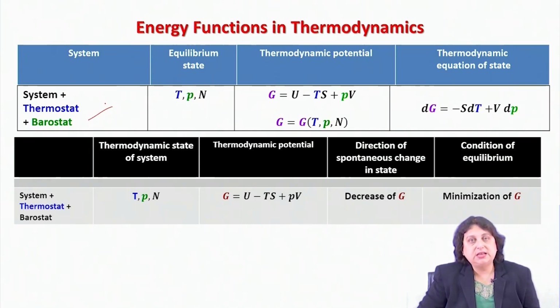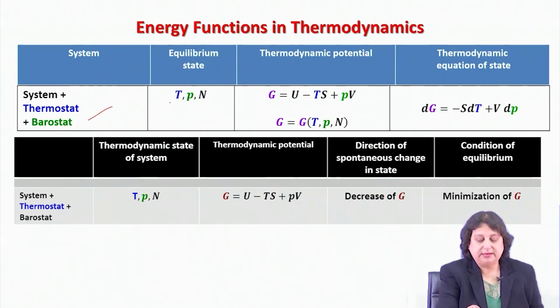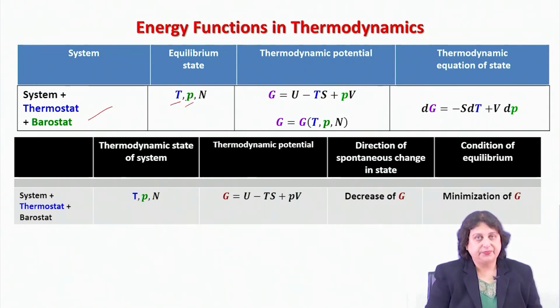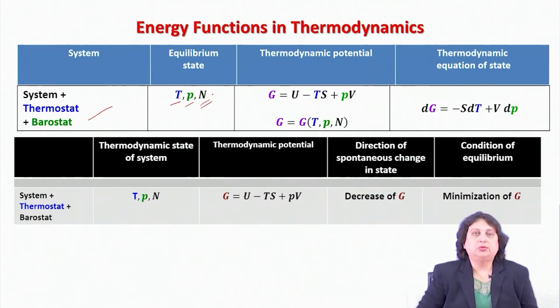So at equilibrium, how will you define the equilibrium state? You will mention the temperature and pressure, which in most cases is 1.0 atmosphere. And if it is a closed system, you are going to mention the total number of particles present.